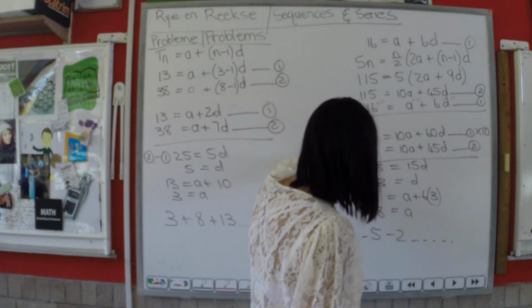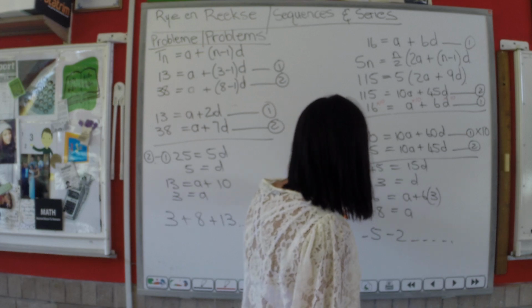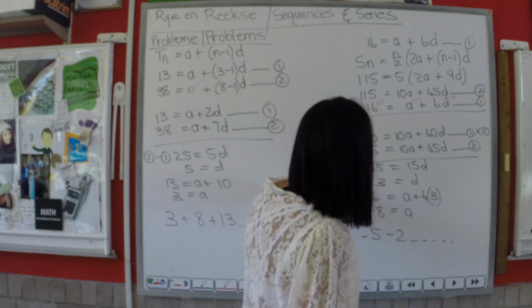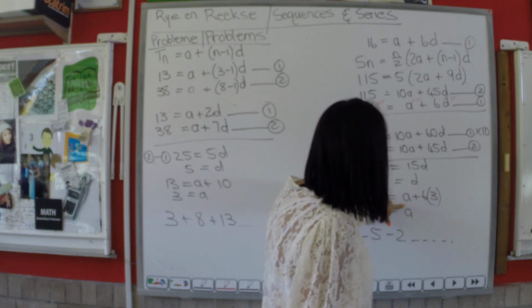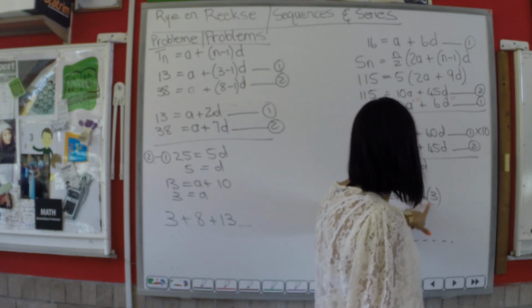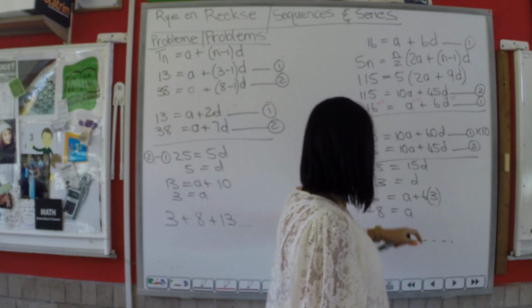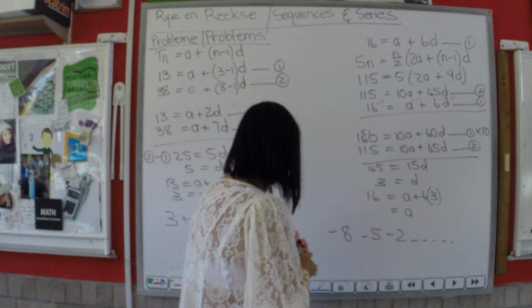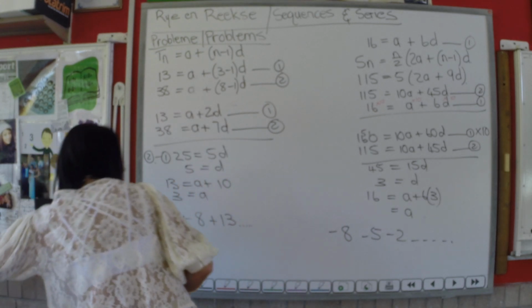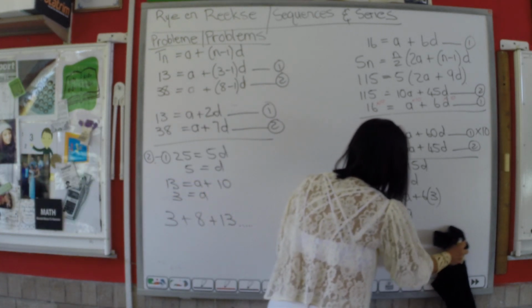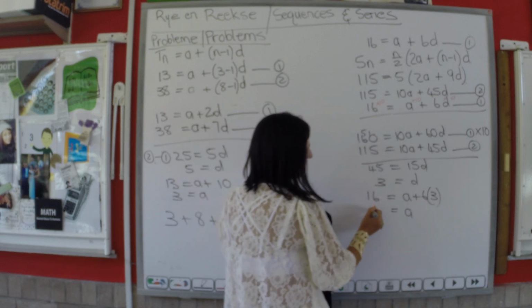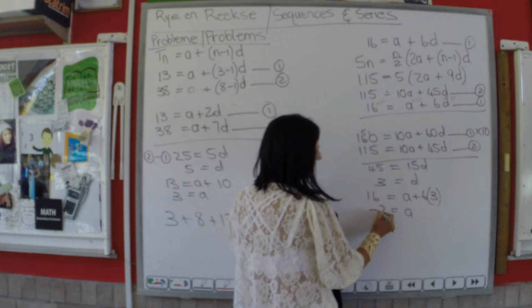I substituted, let me just quickly check this out. 16 equals A plus 6 times 3. Can't be 18. That's not true. Grade 12, let me just quickly fix that. A plus 18, if you take 18 to the other side, it's minus 18, so it's minus 2.